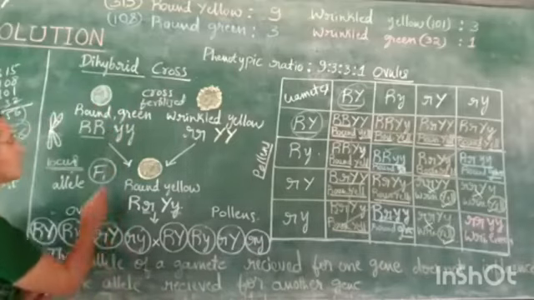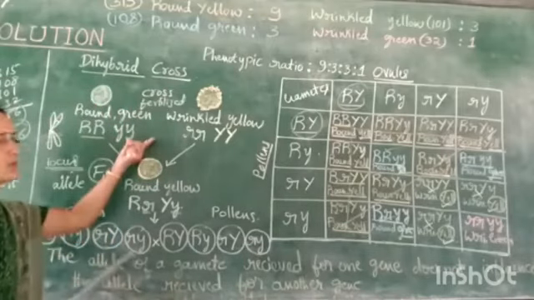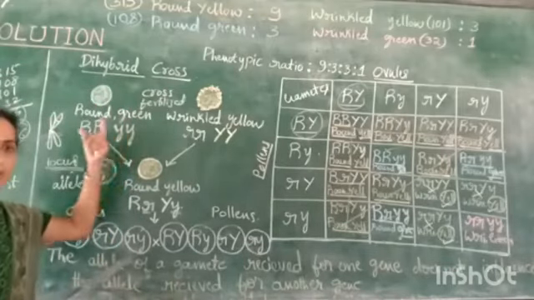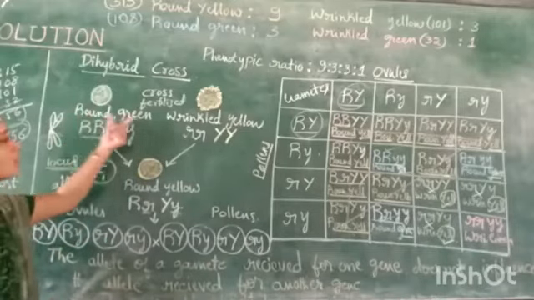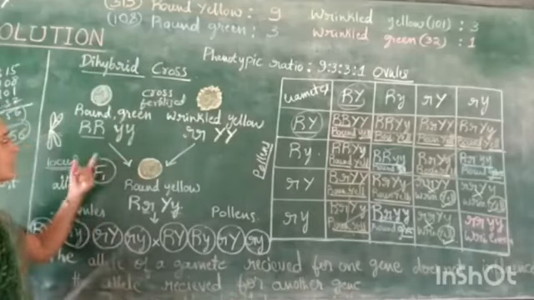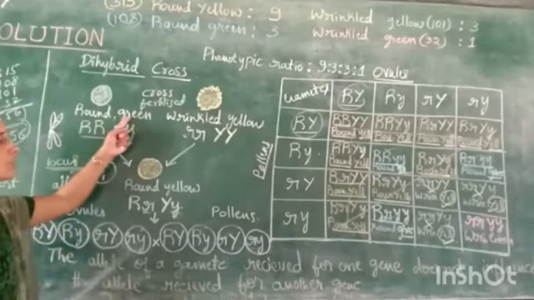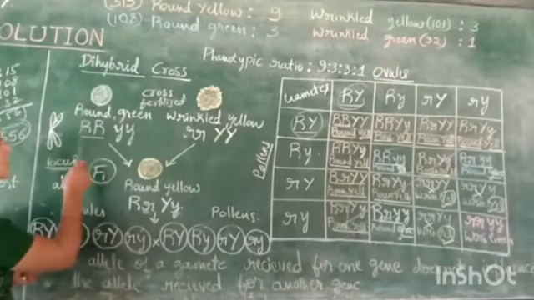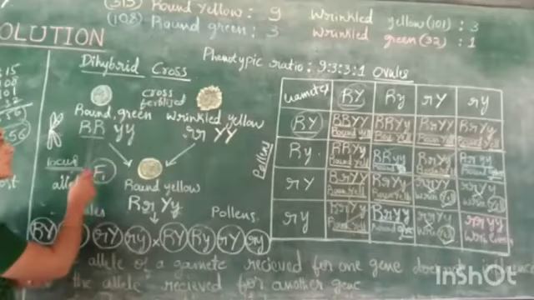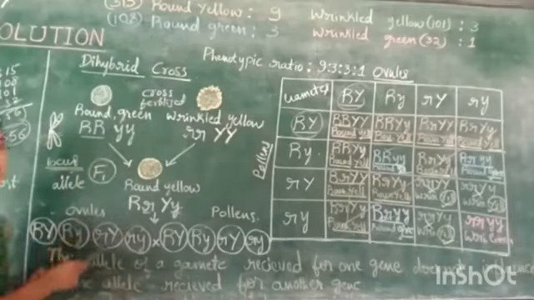Here 2 genes represent 2 characters in the plant. One gene has round or wrinkled, and another gene represents green or yellow color. The round nature will not influence the green, so both genes get independently assorted.